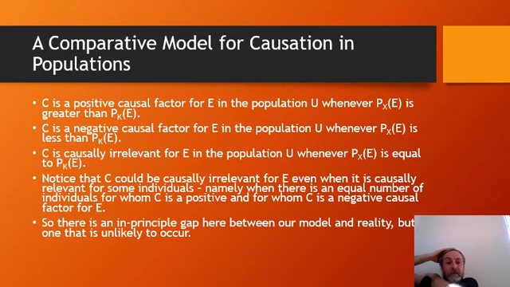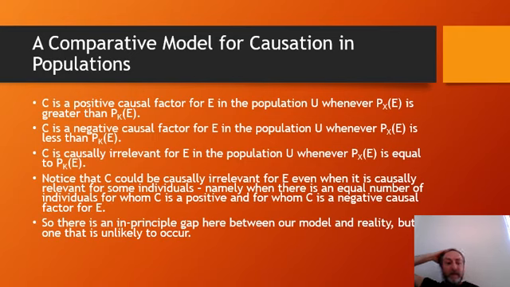And C is a negative causal factor, so again, this is the reverse, if P_X(E) is less than P_K(E). That's the situation where maybe we have a population, some of them have high cholesterol, some of them have heart disease. We take one group, we give them all cholesterol medication. We take another group, none of them get cholesterol medication, and you want to see less heart disease in the group where they get cholesterol medication.